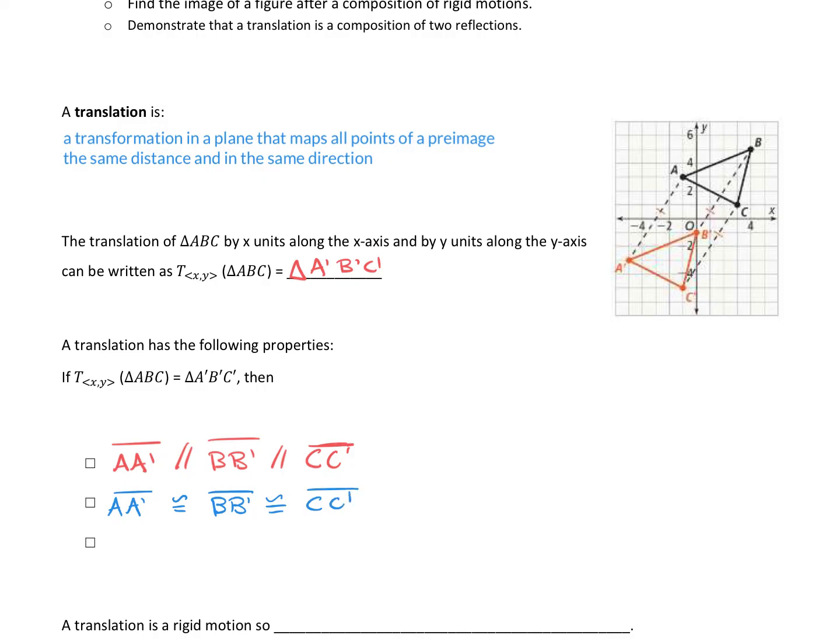And then last, we have triangle ABC and triangle A prime, B prime, C prime have the same orientation.